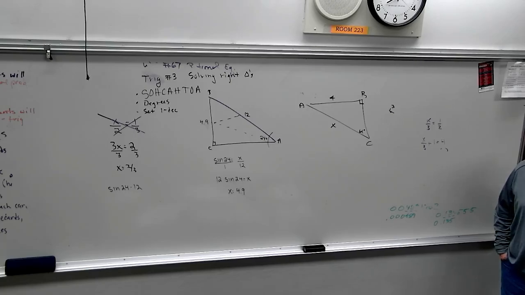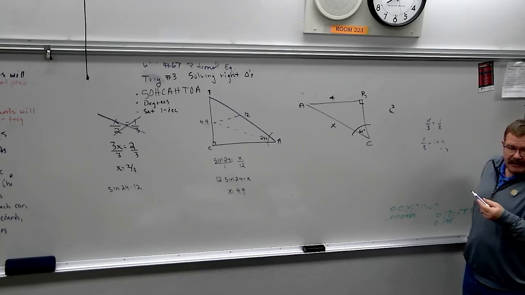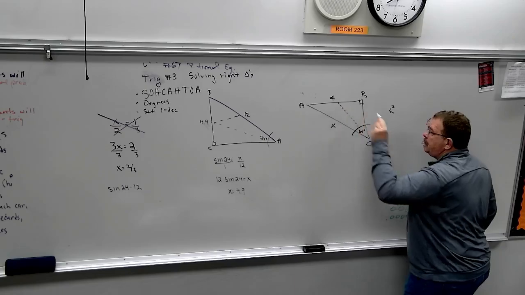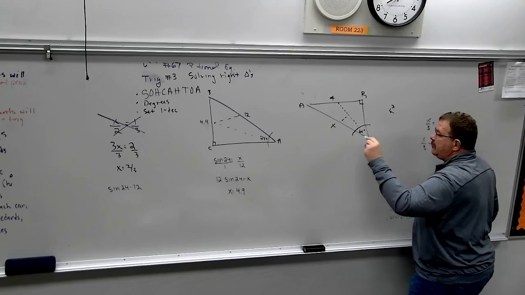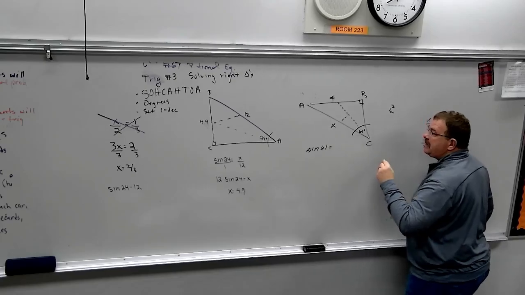First off, always figure out what trig function you're going to use. You have to use the angle that I give you, right? 61, we got to use that. What would this side be to 61? Opposite. And what would this be? Hypotenuse. What trig function is opposite and hypotenuse? So it's going to be sine of 61, but notice how this is set up.